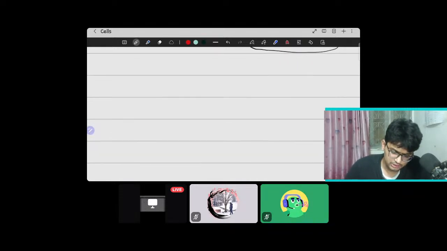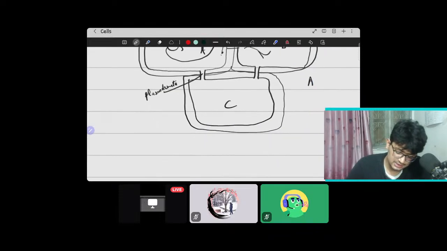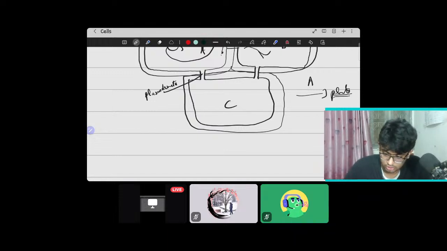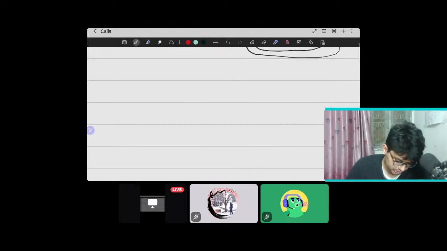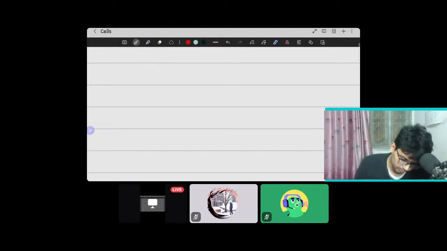Now, this is in the cell wall of plants, as it is. Anyways, let's just talk about the functions of the cell wall, and we're done with the cell wall part.